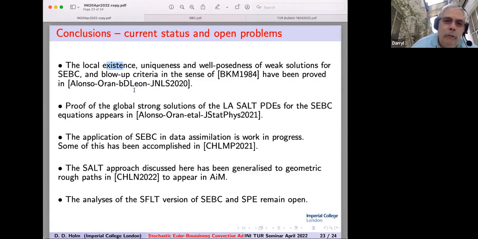And then for the expectation equations, these have global strong solutions for the LA SALT PDEs. And this is in a paper again with those guys and some other guys.